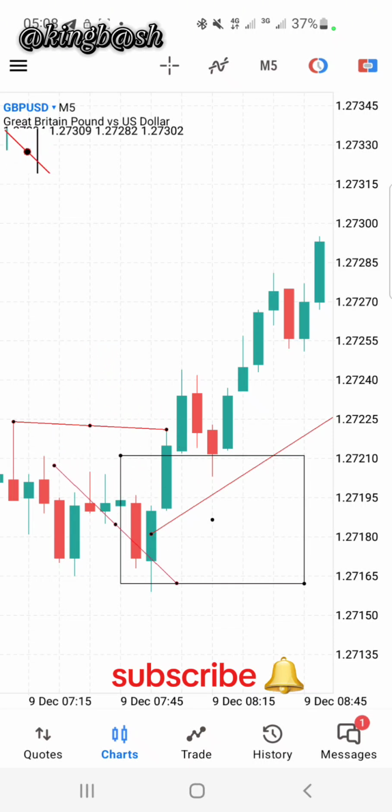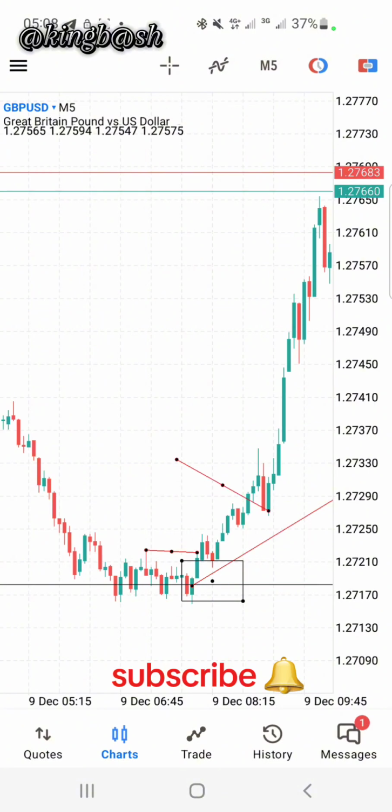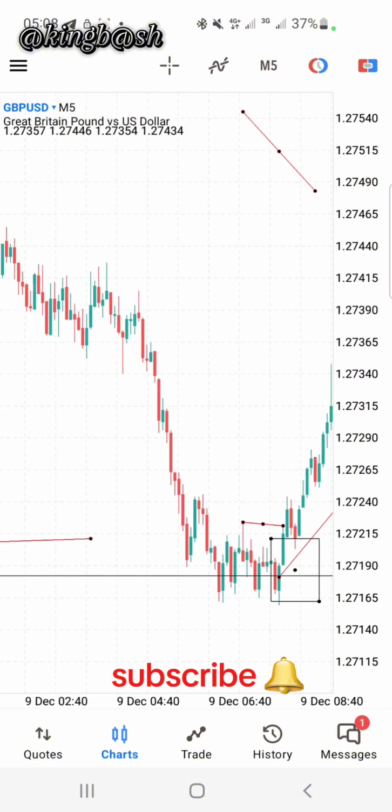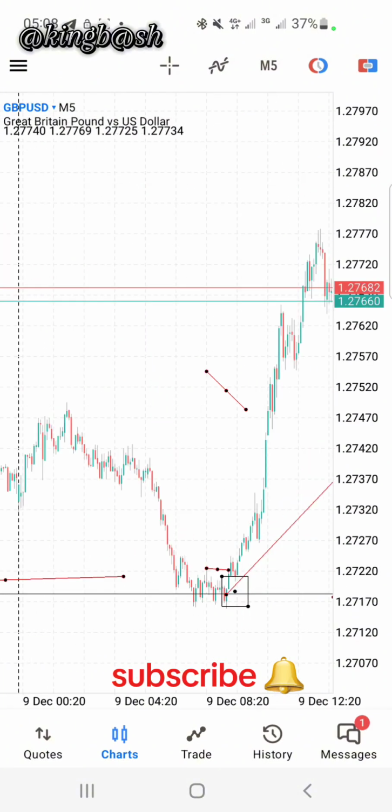You place your buy, your stop loss will be below here. And what do you do? You now target the next area of liquidity, that is session highs, session lows. You can see from here, when you enter from here, price moves up to this, the first area of liquidity. This is the Asian session, this is the high of the Asian session.